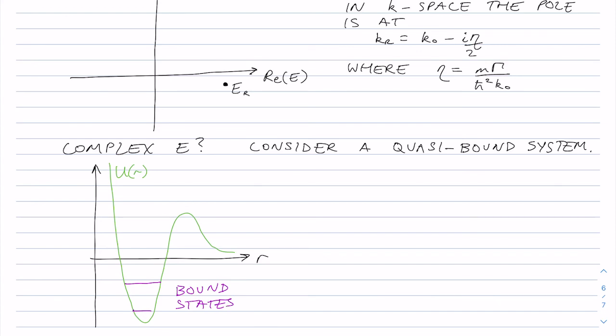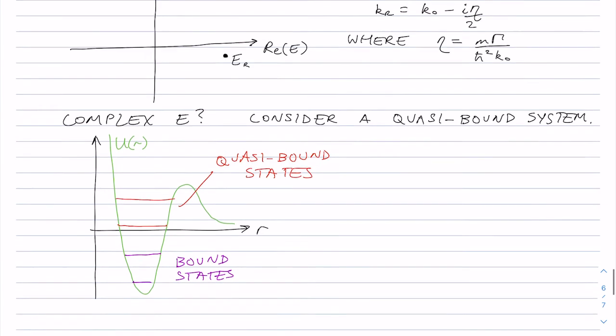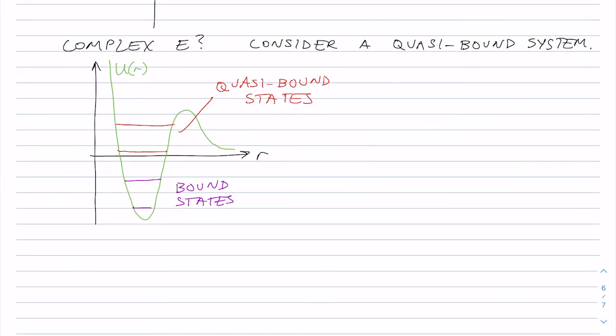And there'll be some sort of quasi-bound states. In this potential, the bound states with E greater than 0, these quasi-bound states, they can escape eventually, but they may take a long time to do so because they have to tunnel through this barrier here. So they can get out, but it could take a really long time.